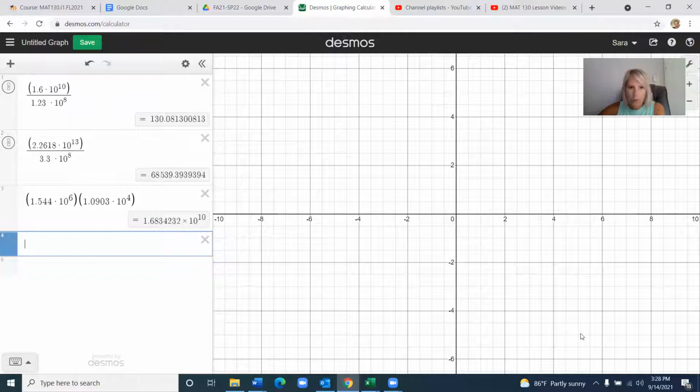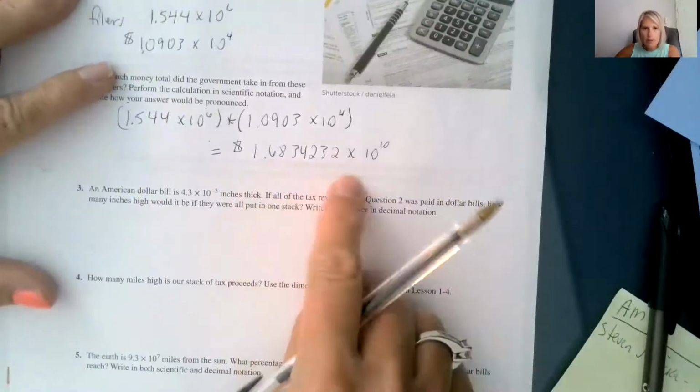So it comes out to be 1.683423 times 10 to the 10. And times 10 to the 10, we said was billions, but let's just write this out. I'm going to share my paper with you. So there's our answer in scientific notation.